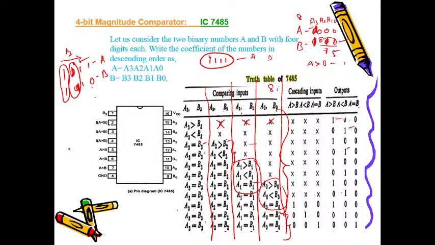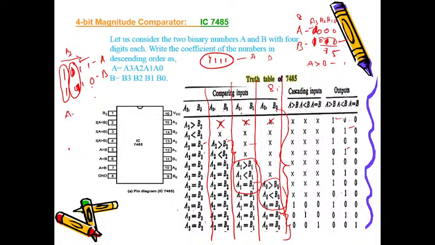So now, when A is equal to B, you saw for a single bit, a 1 bit magnitude comparator, what is the gate used to detect whether A is equal to B? XNOR, right? So how many bits do you have? 4 bits.